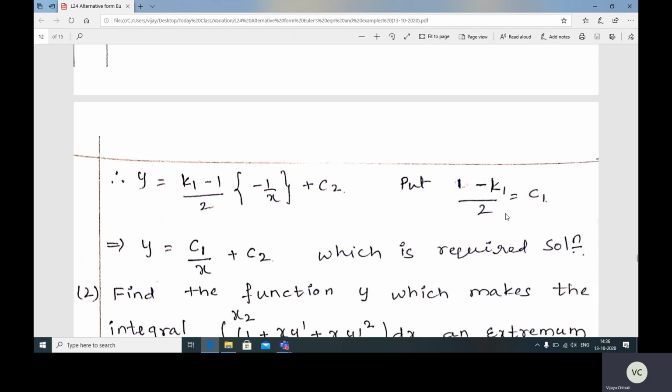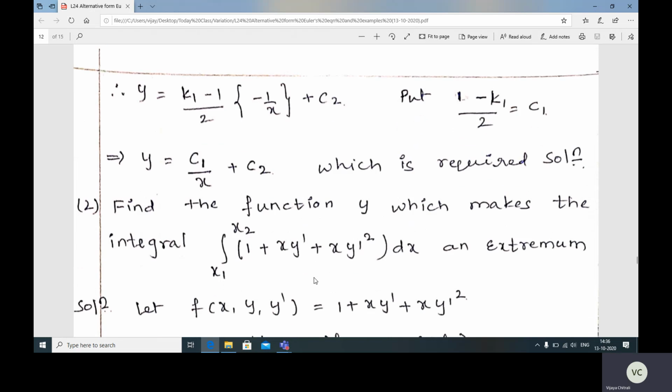I will take this as a constant and denote this constant as C1. Anyway, K1 is constant, 1 is constant, 2 is constant. I will take this whole thing as a constant and denote it as C1. So y is equal to C1 divided by x plus C2 as it is. So this is the required solution.